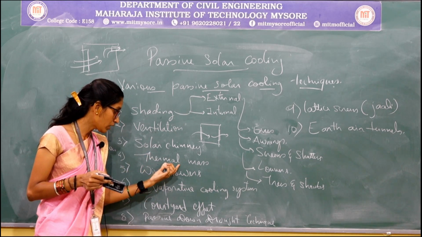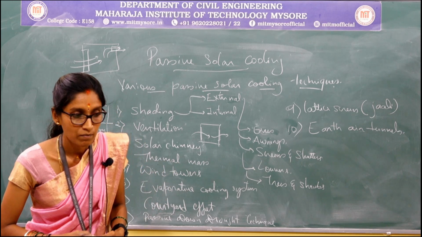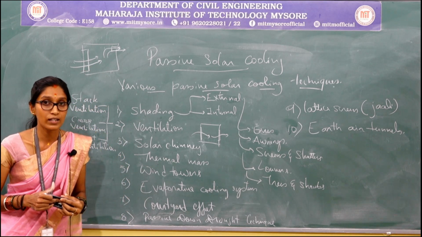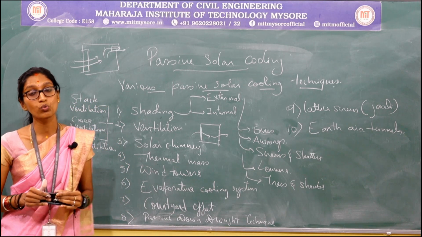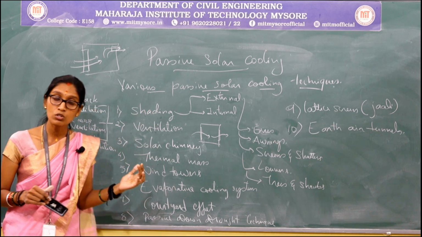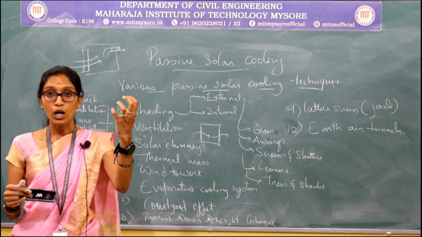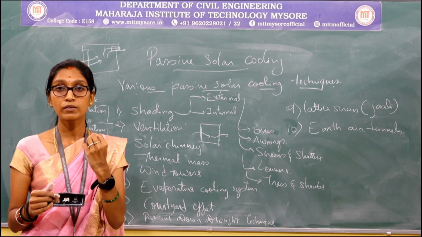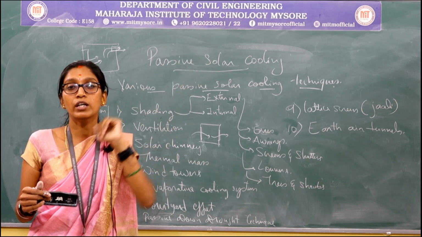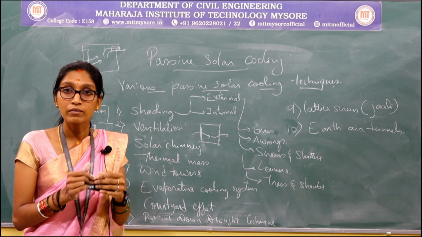So, the next one is your thermal mass. Yes, it is a very good question. How does thermal mass cool a system when it is utilized to absorb solar heat, store the solar heat, and radiate the same whenever it is required, when the temperature goes down in a building?